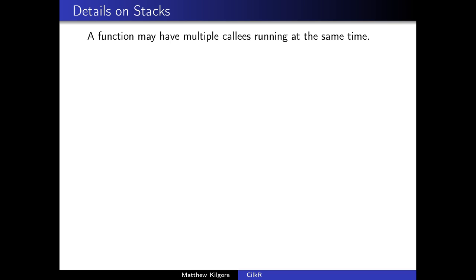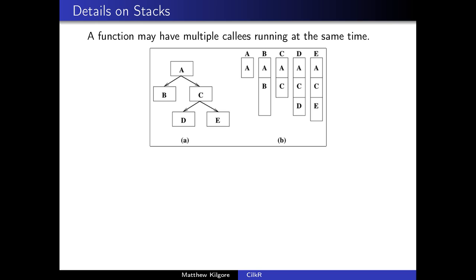So the stack detail basically arises from the fact that the function may have multiple carries running at the same time. So in this example, with this nested list of calls, we need each function to see a different execution stack.